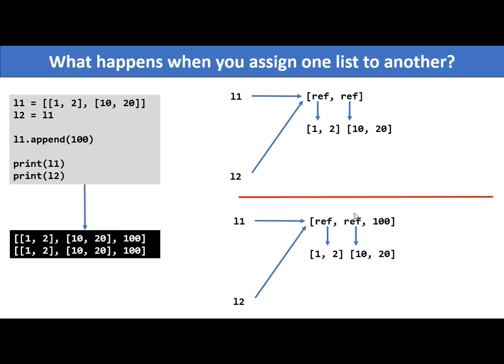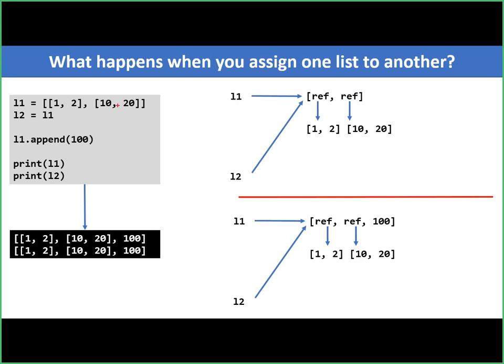This is a simple copy. It's not exactly a copy. It is a mere assignment between two variables. So I'm assigning list 1 to list 2. This is my list 1, which contains two nested lists.